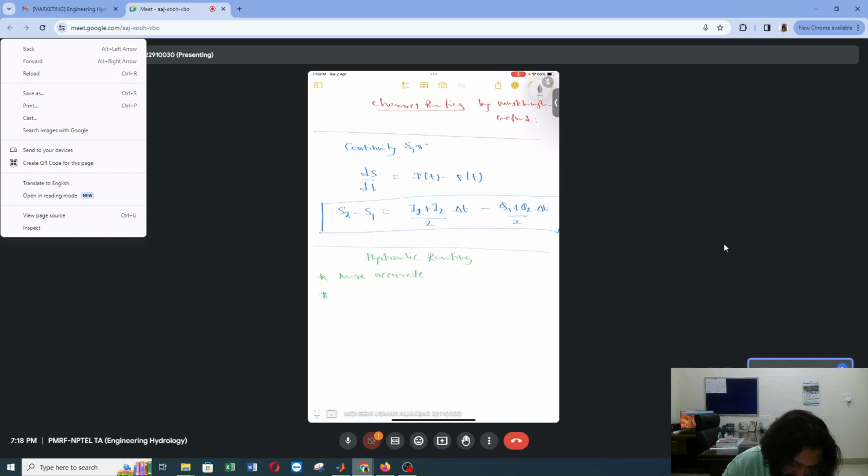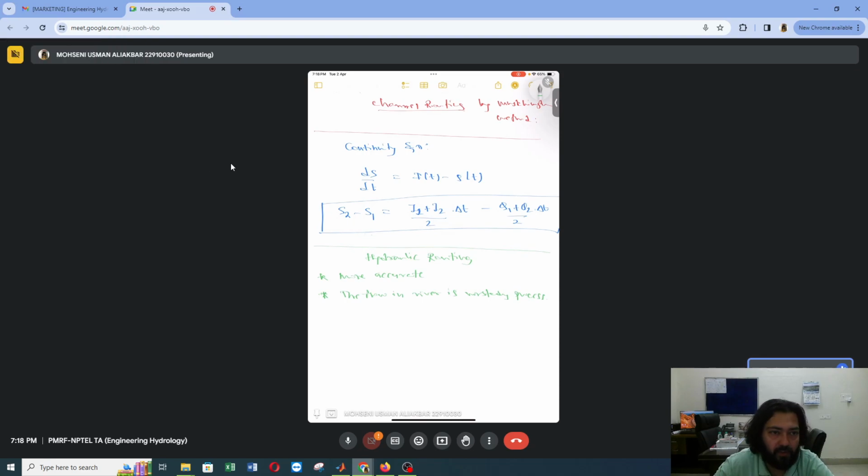The second thing is that the flow in a river is unsteady, that is, the flow keeps changing. We know that the discharge is a function of time, right? The flow in a river is a function of time.